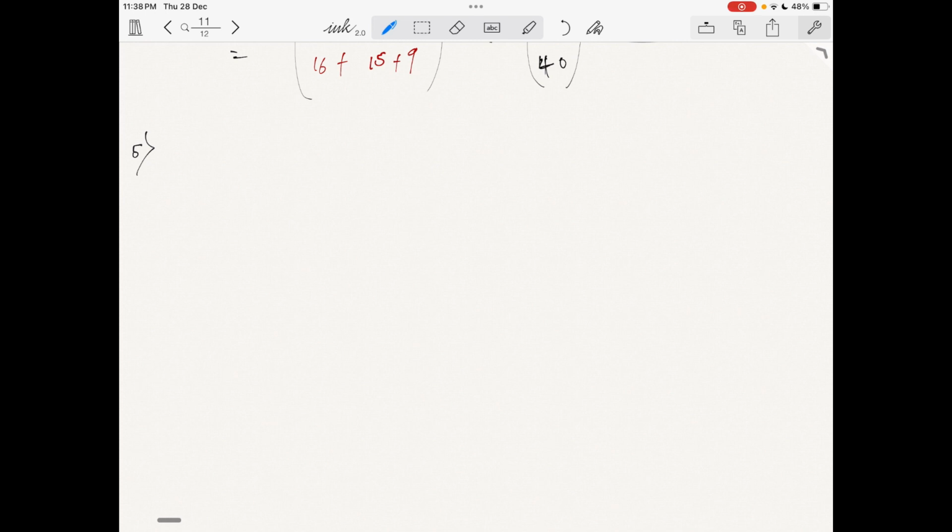Let's say we have 2 3 5 1, and we have 4 6 0 7, and we are multiplying by 3 4 2 9. Now we can see that this is a 2 by 4 matrix and this is a 4 by 1 matrix.